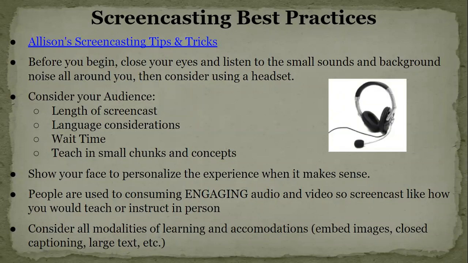The length of the screencast really should be minimal. Now, when we're doing a webinar like this, an actual live professional development, that's a little different. But if you want to summarize direct instruction without audience participation, you really want to be aware of the length of your recording, right?